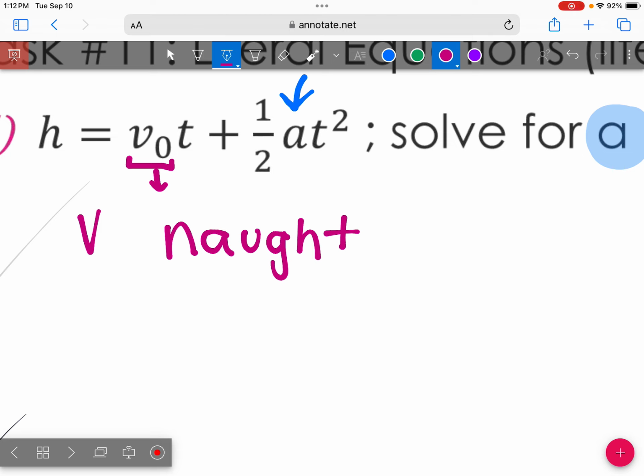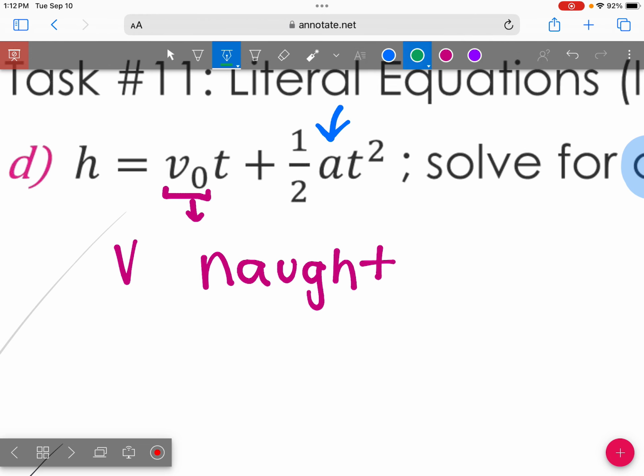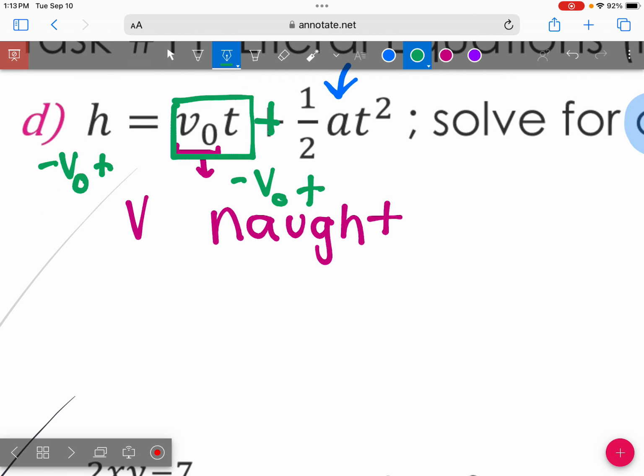So let's start with subtracting. We need to subtract this whole chunk, because that is being added to my chunk that has an A, and I want A by itself. So let's subtract our V naught T from both sides. V naught T. Not naughty.